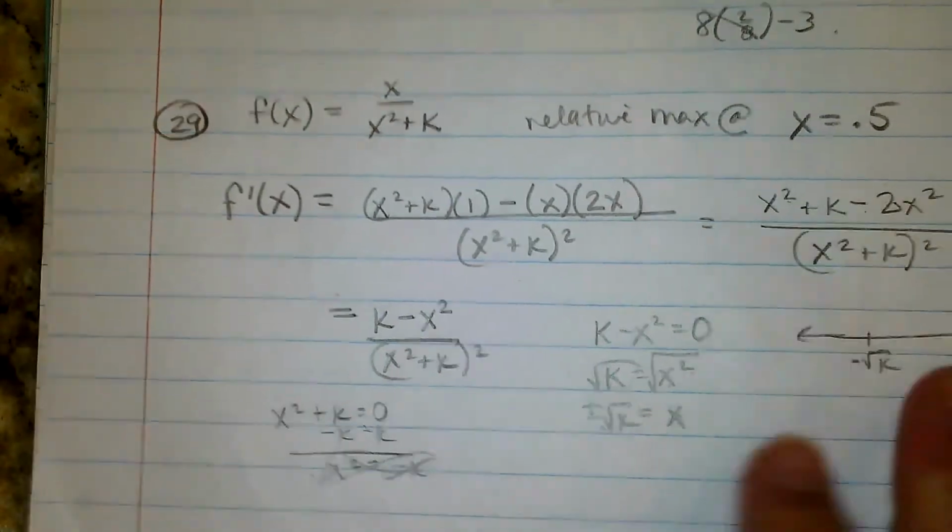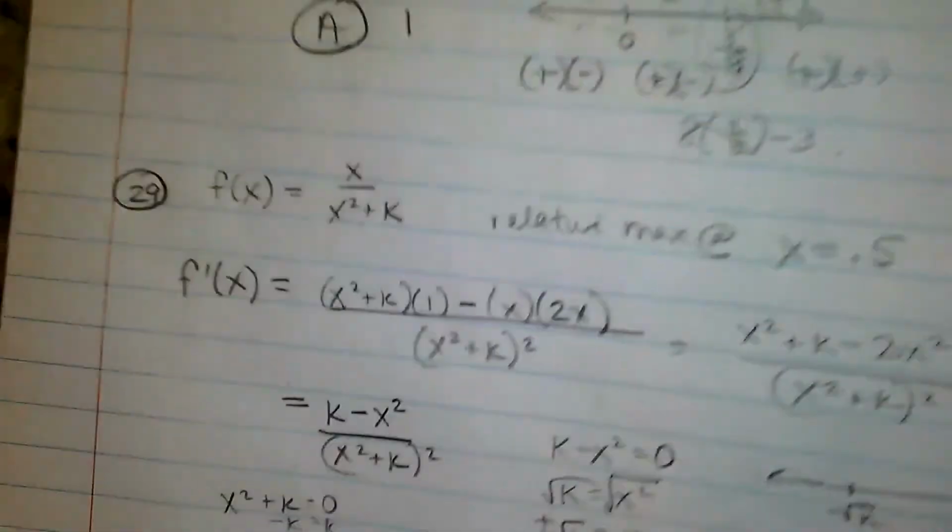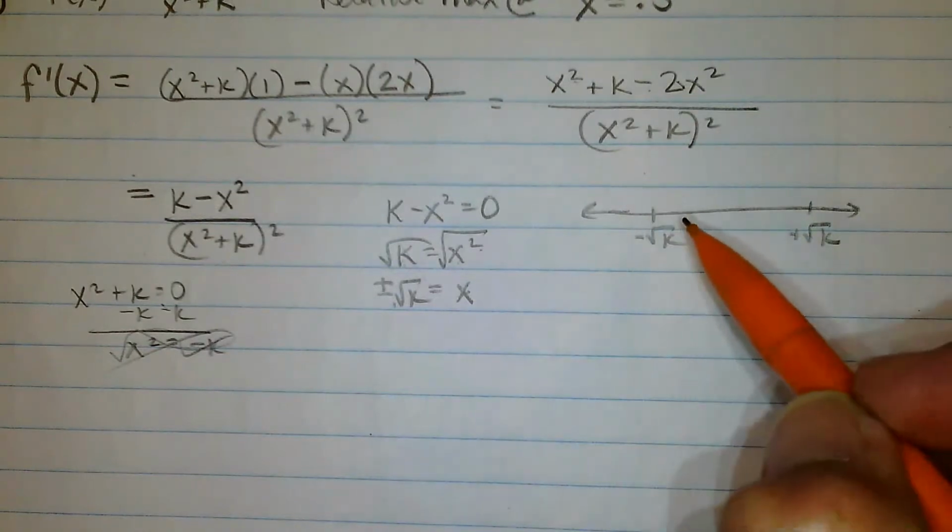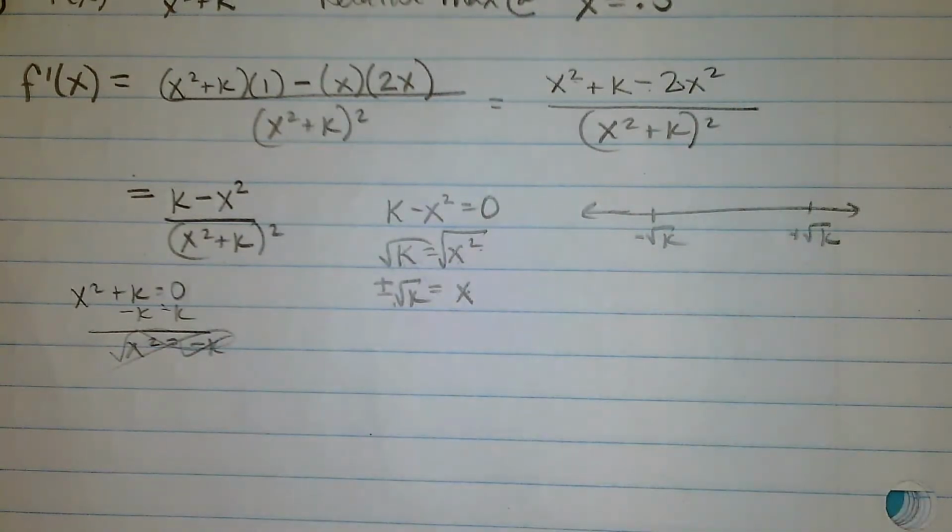So here are options. So if k, and I think here we should do, they're looking for a relative maximum at 0.5.